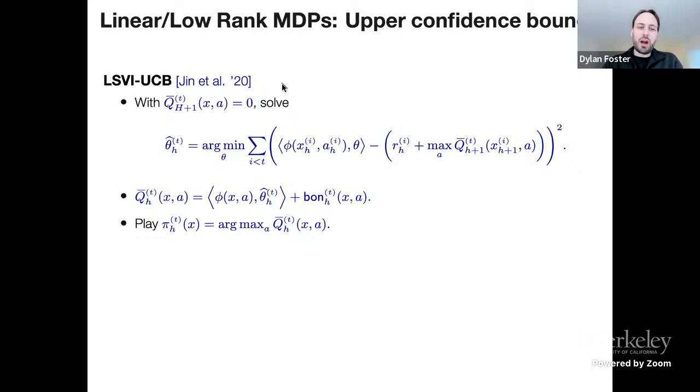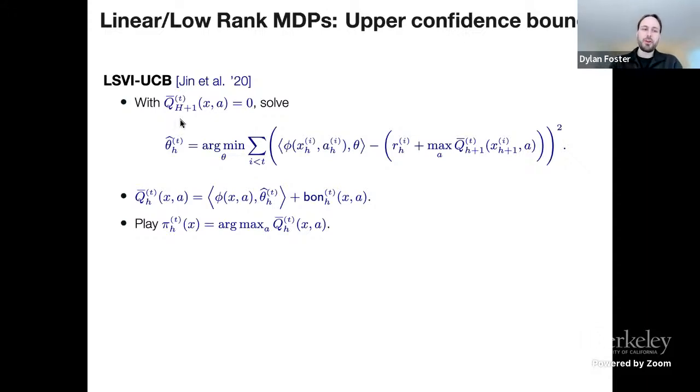We're trying to compute an optimistic Q function, Q bar, that upper bounds the optimal Q function, Q star, everywhere. The main difference from the tabular RL approach we saw earlier is that we're going to use least squares to incorporate function approximation.